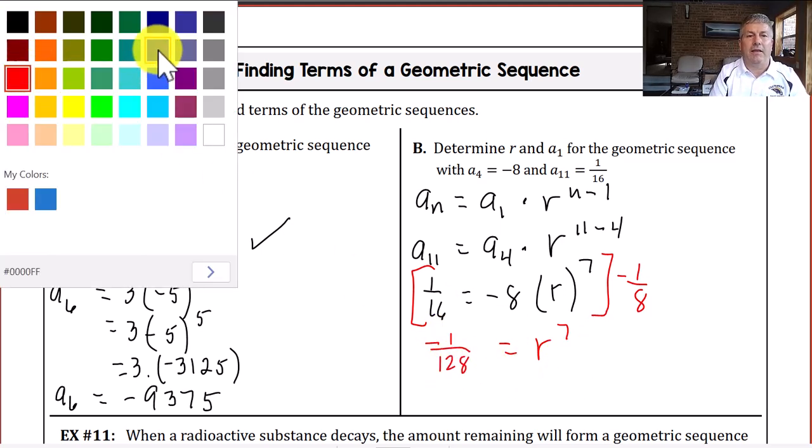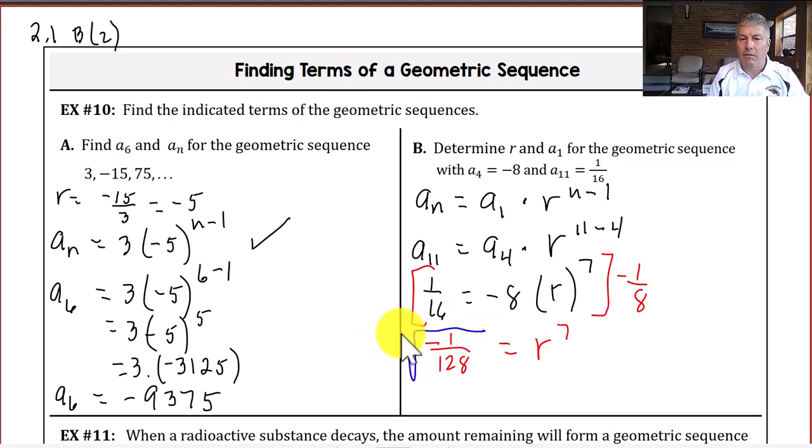And I can take the 7th root of both sides. So now I know that r is equal to the 7th root of 1 over -128. I may not know that in my head, but it turns out that r is equal to -1/2.